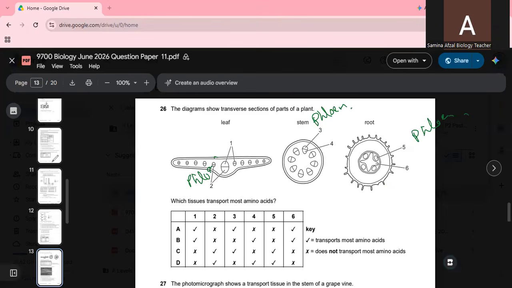So which tissues transport more amino acids? One is xylem, so it will not transport. Number 2 is phloem, yes, it will transport. Number 3 is also phloem, it will transport.